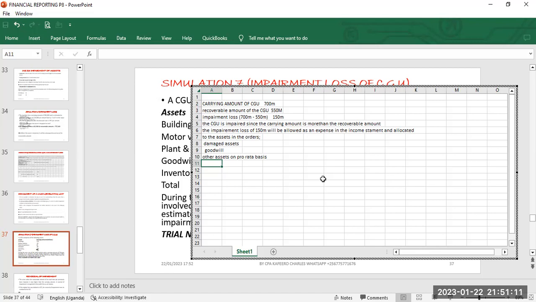So we can put in a small table here and analyze the information we have. We are going to put the assets. Then we are going to have their carrying amount.